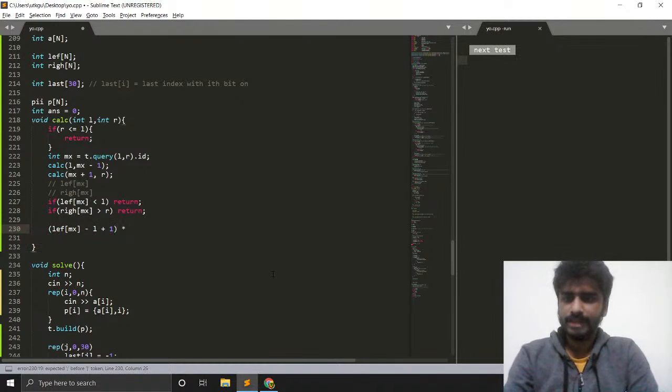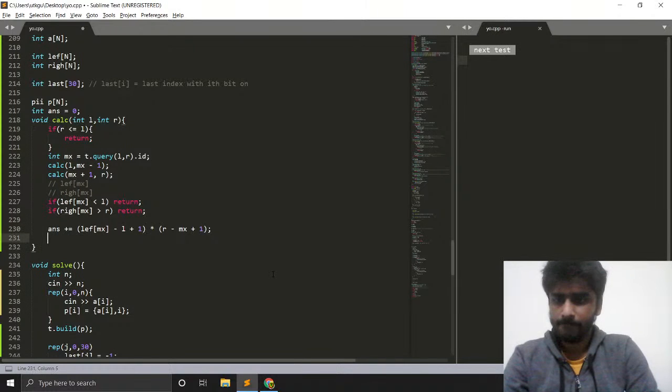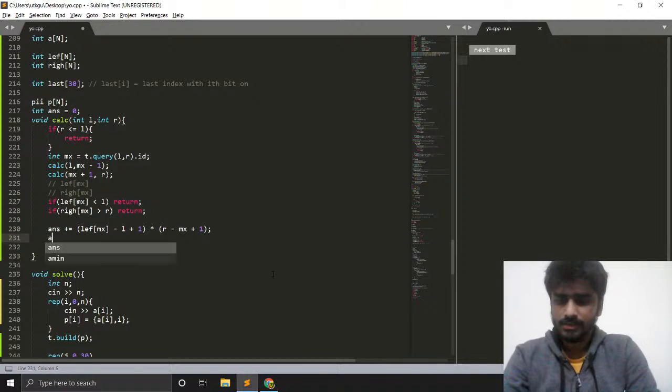Then anything on the right side, R minus max plus 1. So this I must add to the answer. Similarly, I have to do this same thing from the right side.